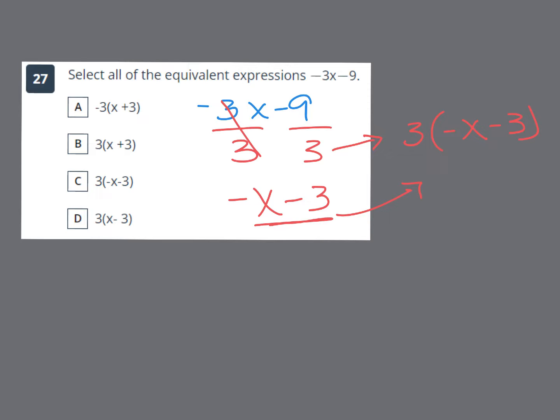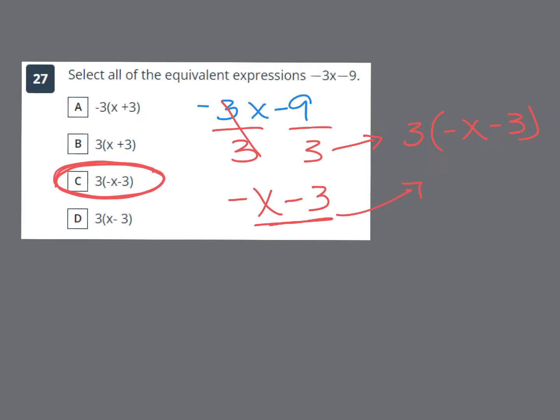Is that one of my choices? 3 times the quantity. Oh, there it is. I see it. It is choice C. Now, why did I say there's another choice?